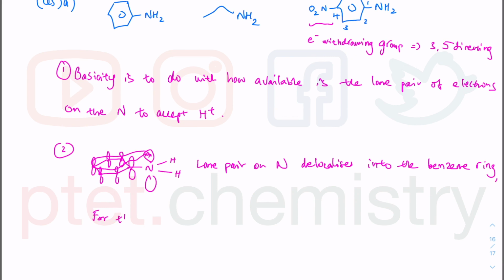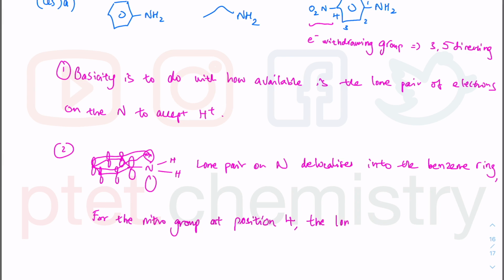For the nitro group at position 4, this gets further delocalized.